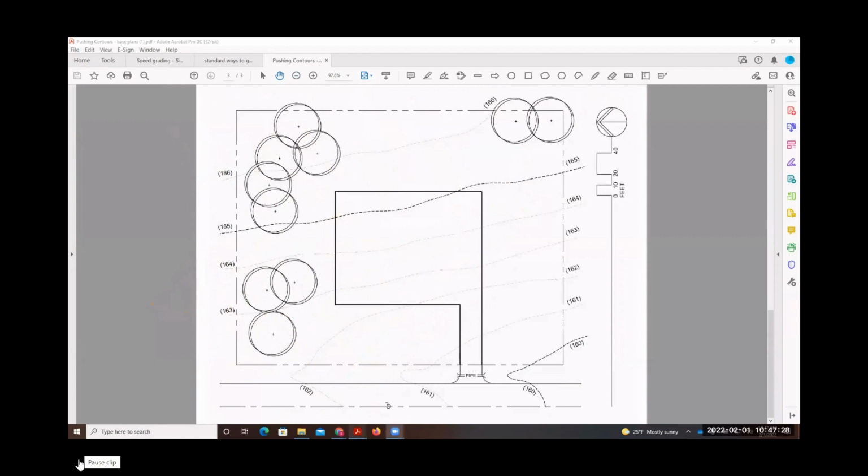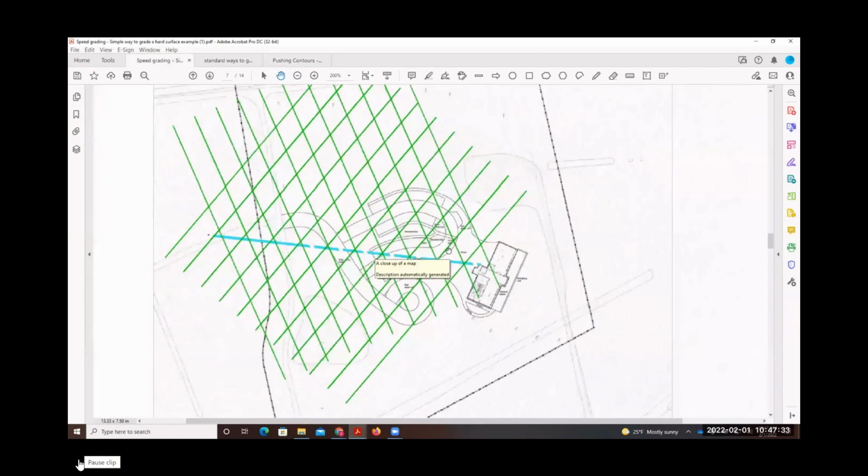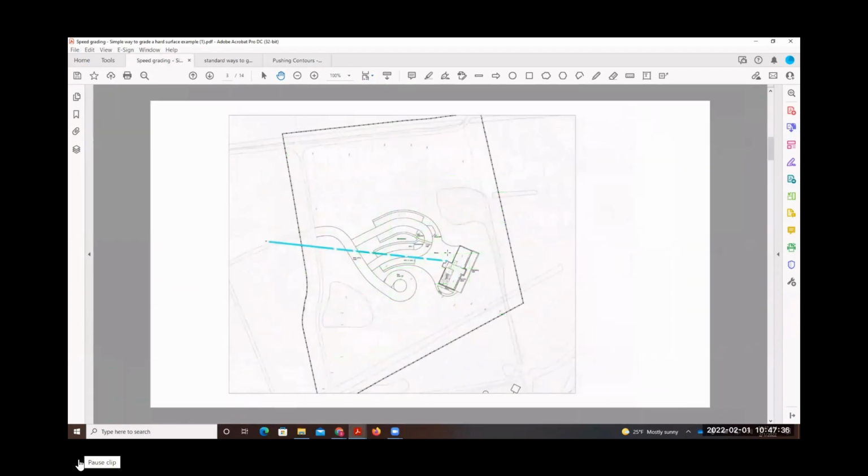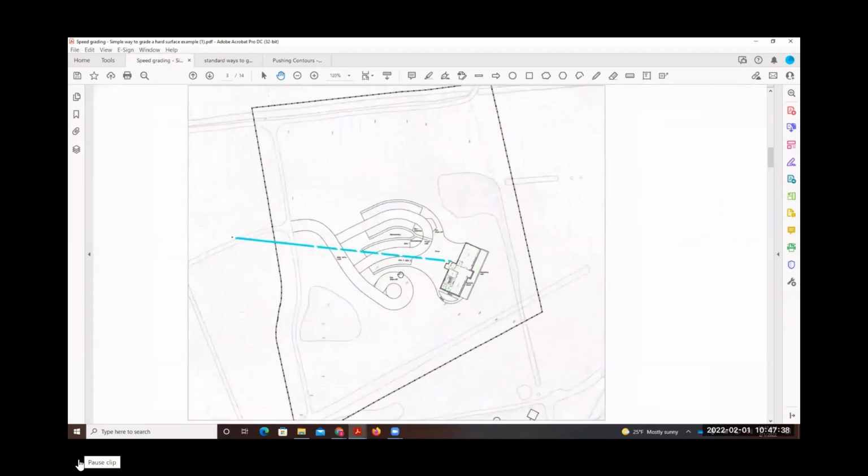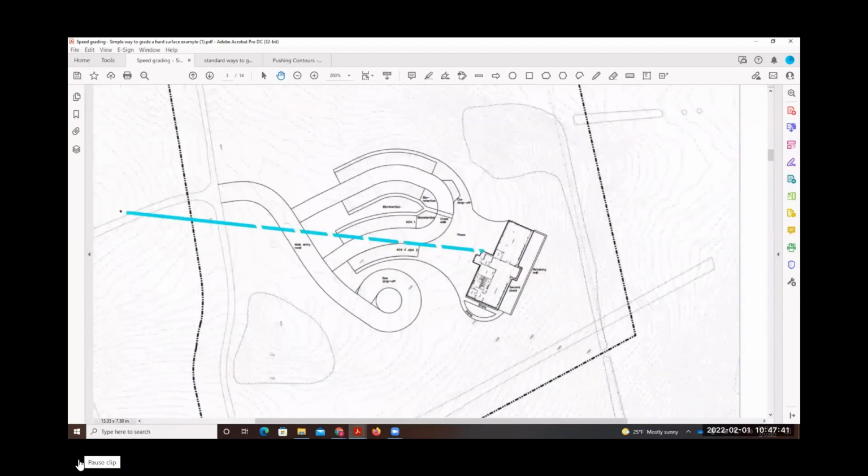Now we're going to say, let's do the same thing on this site. And we're going to zoom back up to show you conceptually what we're doing here. Because what we're doing is we're saying, all right, let's lay contours across this site. So just like we did this for the small parking lot in the previous drawing, we're going to do the same thing on this parking lot.